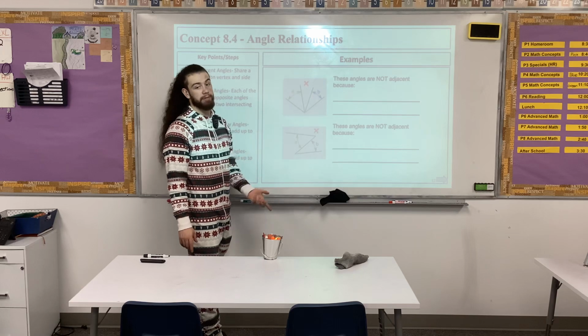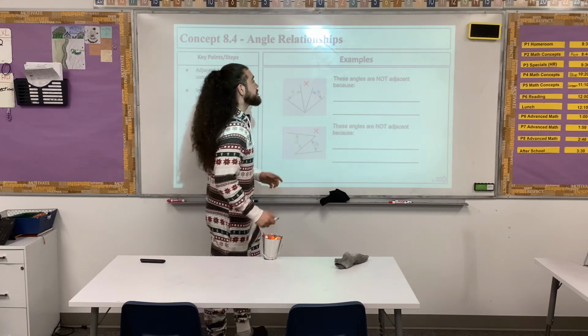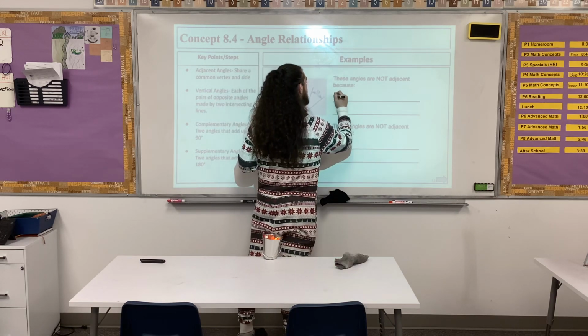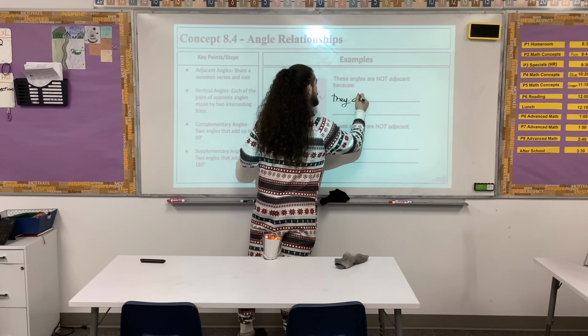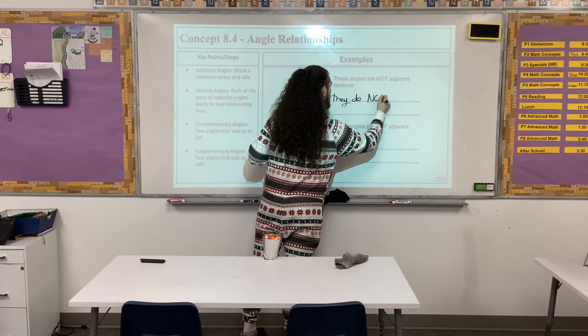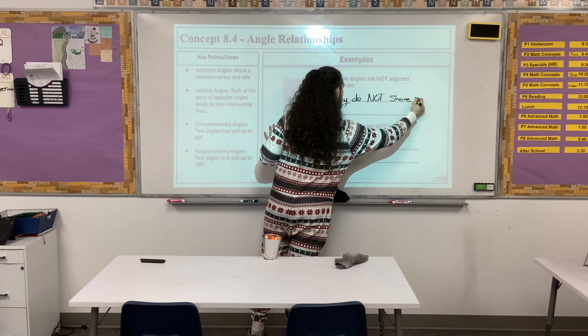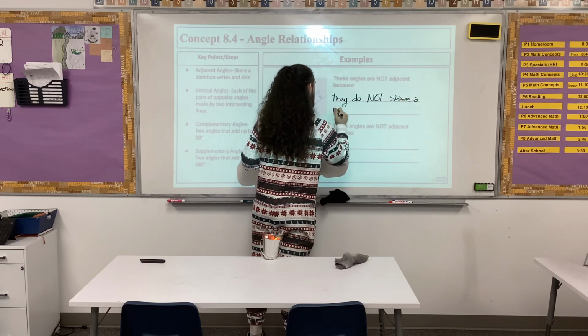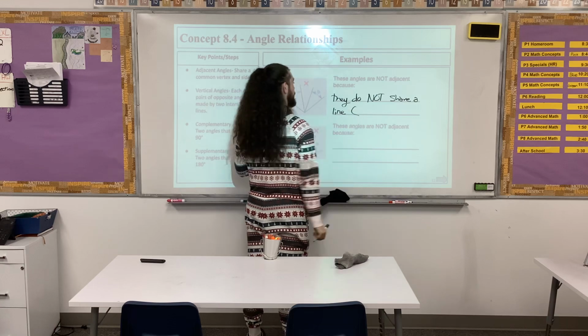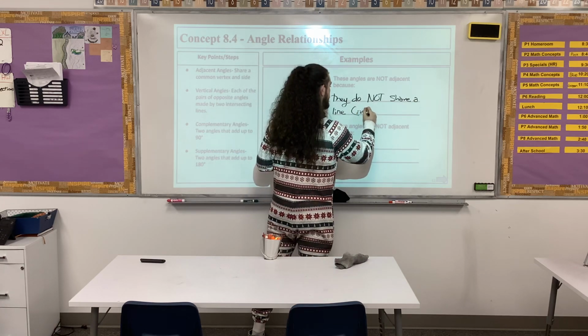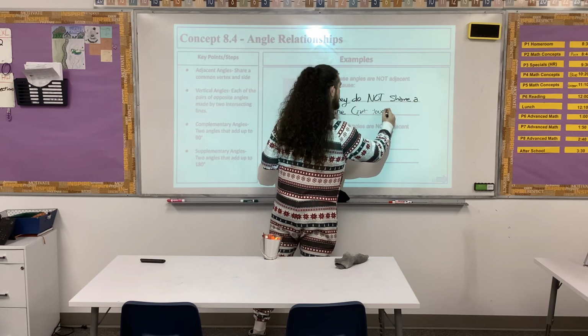There's a gap in the middle. They're not touching. So these angles are not adjacent because they do not share a line. In parentheses, not touching. Adjacent angles are always touching.